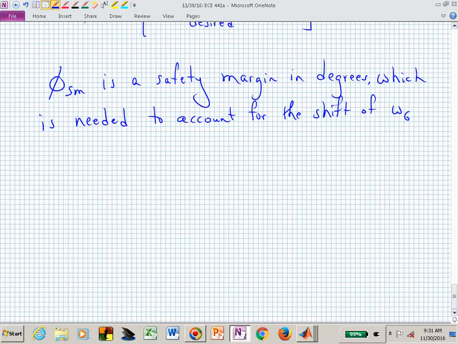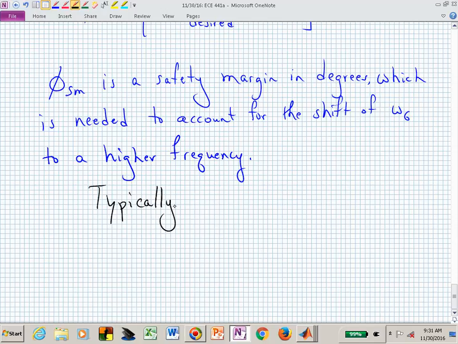For the shift of omega sub g to a higher frequency. And typically we may use a safety margin of 5 degrees or 10 degrees.